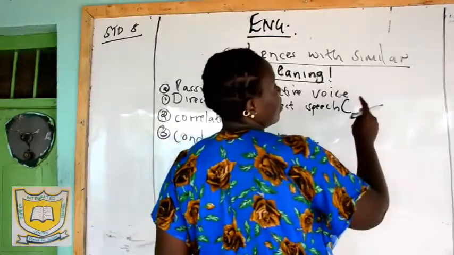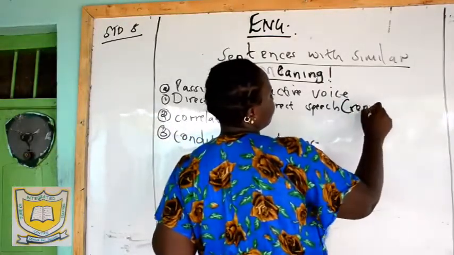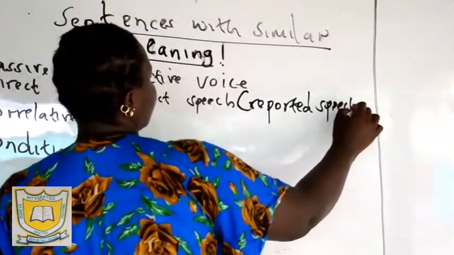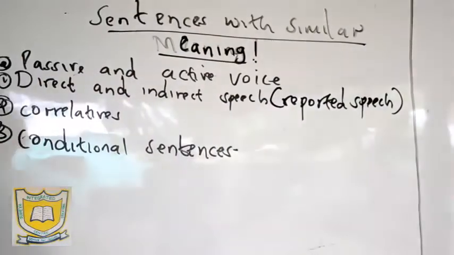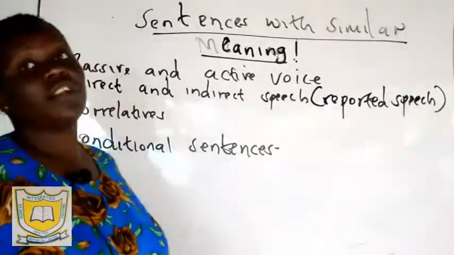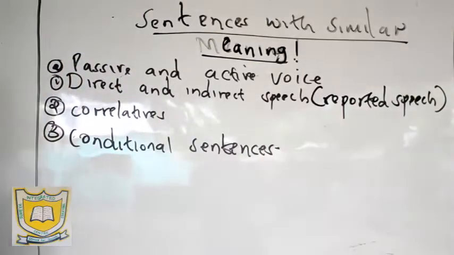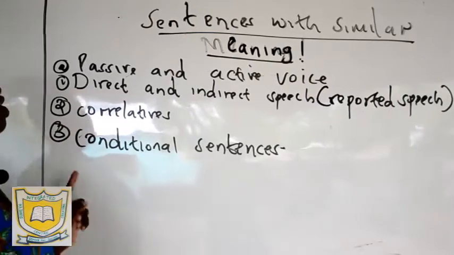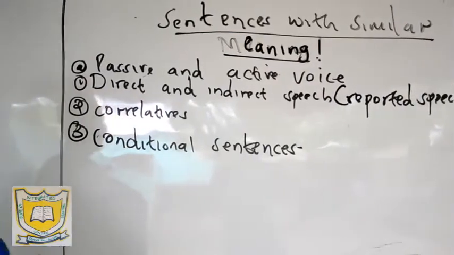We can also call the indirect speech reported speech. And because most people tend to confuse it, you can say direct to reported speech, or maybe you've been given a reported speech and they want you to give it in the direct speech. Then you have correlatives, then you have conditional sentences.